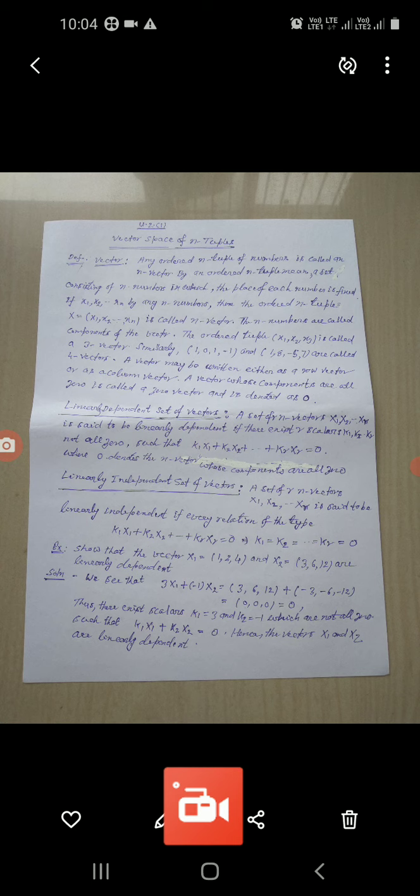So this is the definition of the vector. In your exam, if it is asked to define n vectors, then you have to define it giving some examples.